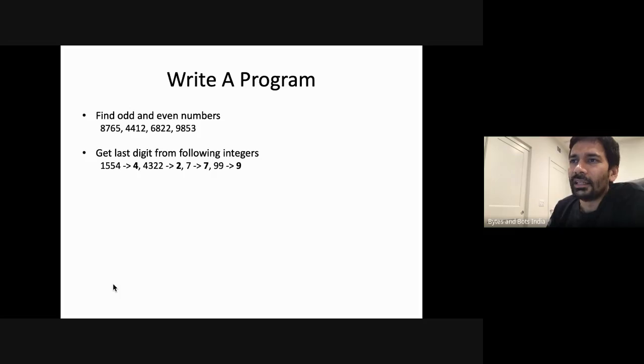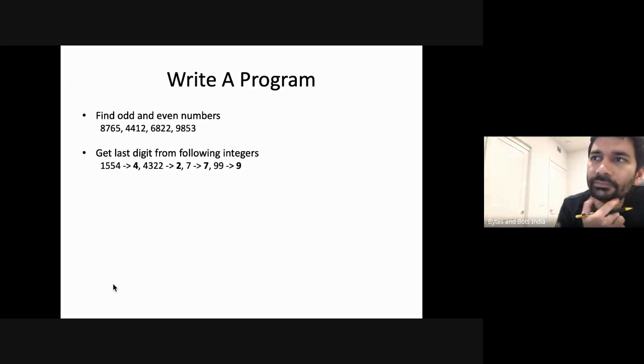This one is: get the last digit from the following integers. 1554 should return 4. 4332, 4322 should return 2. 7 should return 7. 99 should return 9. So, Parashar, do you want to take a guess at this?